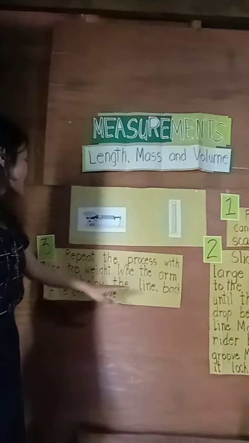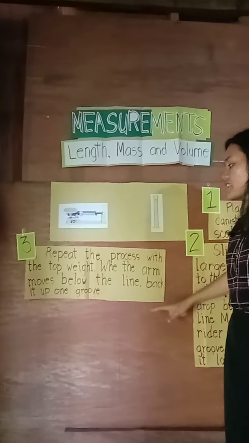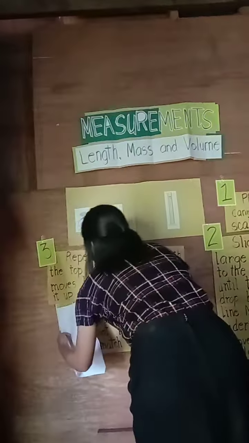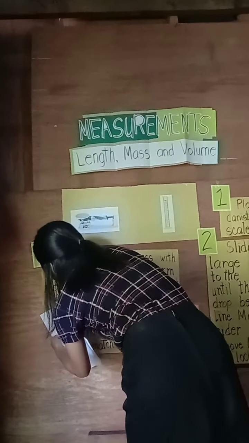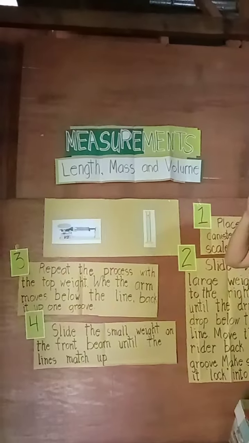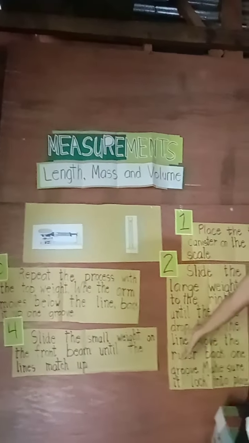Repeat the process with the top weight. When the arm moves below the line, back it up 1 groove. It's so messy because we're not supposed to remove the steps, so everyone is following. For number 4, let us read again.